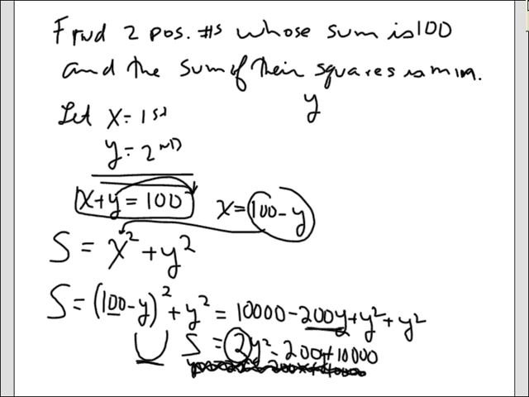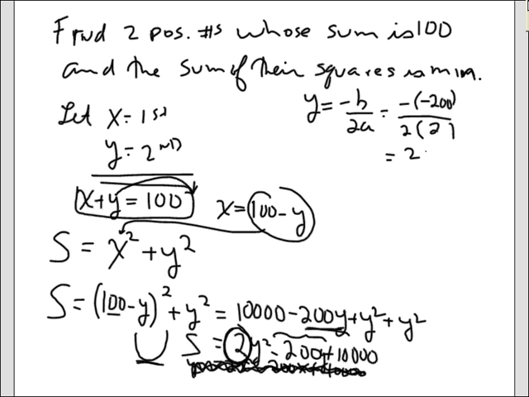It happens, in this case, when y is, the variable, whatever it is, negative b over twice a. There's the negative, I'll put b in here, I'll write the 2, and I'll put a in here. Now b is the number in front of y, including the sign. It's negative 200. And a is the number in front of the square term. It's 2.